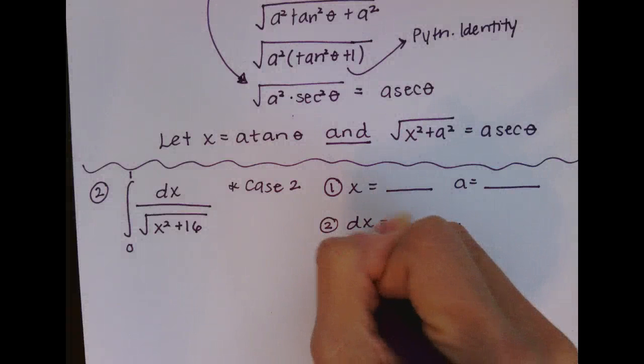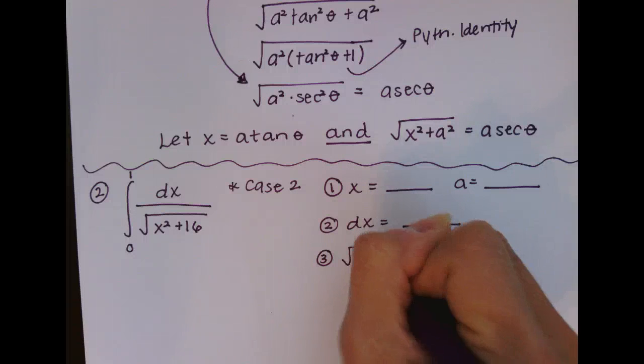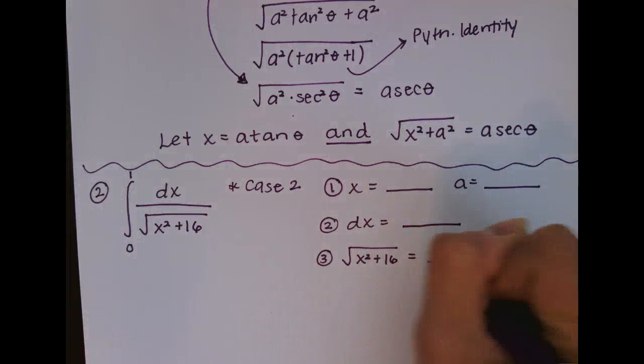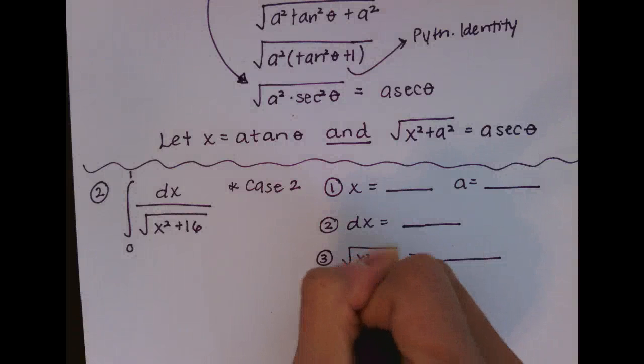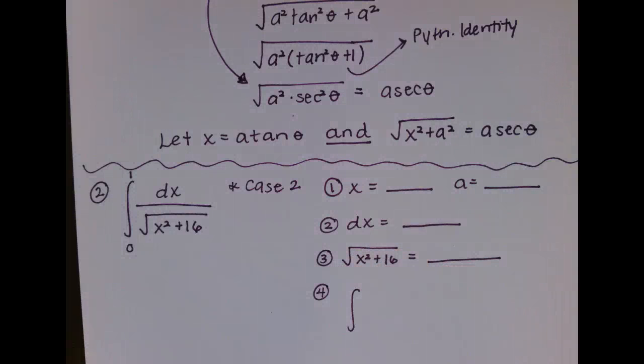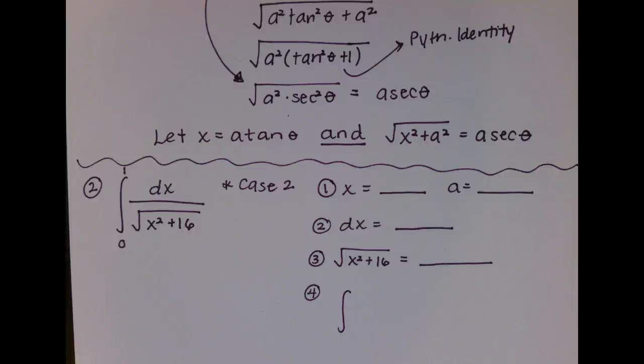Step 3, let's figure out what substitution we can make for that denominator. And then step 4, let's do the substitution and rewrite our integral. So what I think a good idea would be to do here is to pause the video, try filling this stuff in, and see if you can get it.